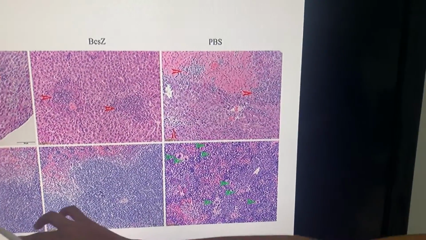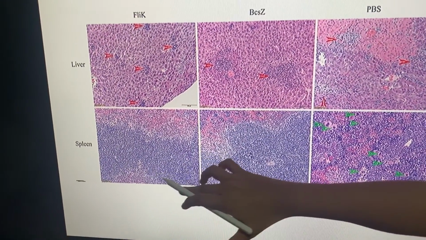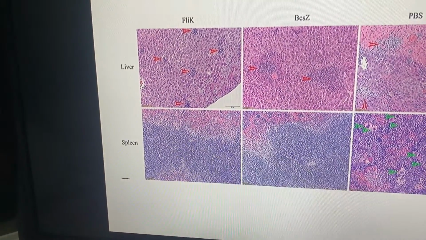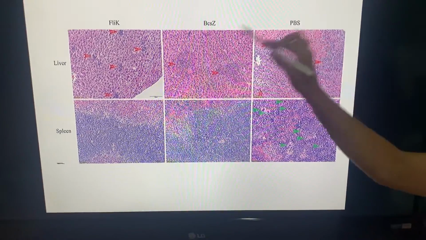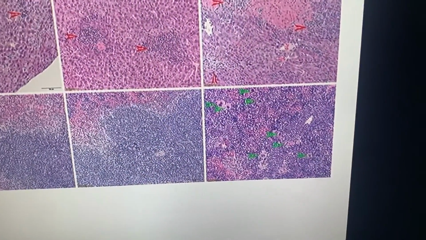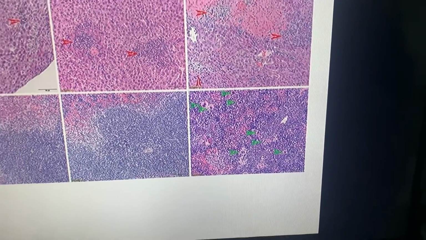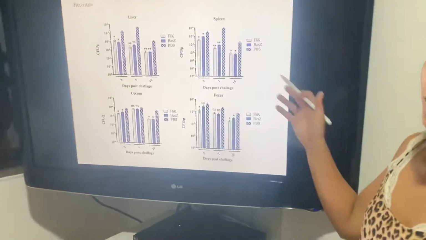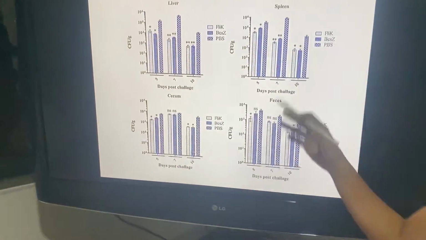Now, in the spleen, we can say that the FliC protected the spleen completely. The BcsC did it as well, but the PBS had 8 green arrows, which means that it didn't protect the spleen as well. Now, we're going to support what we saw in the last slide with this chart.